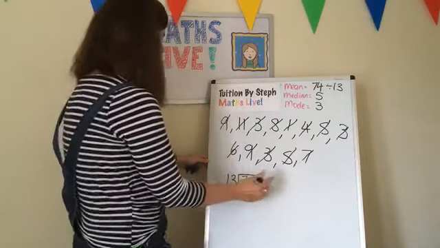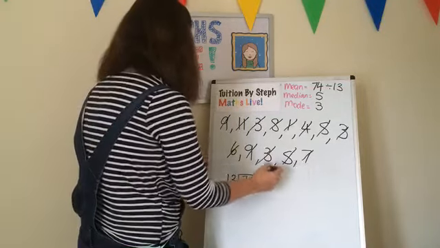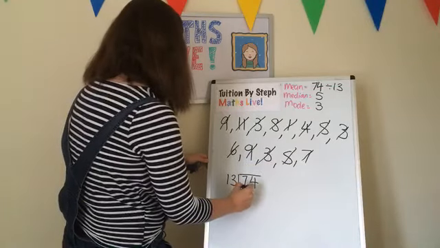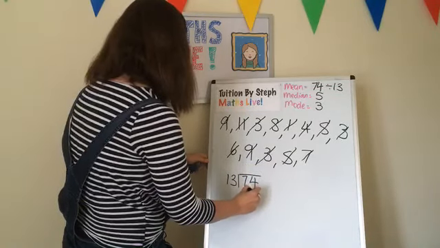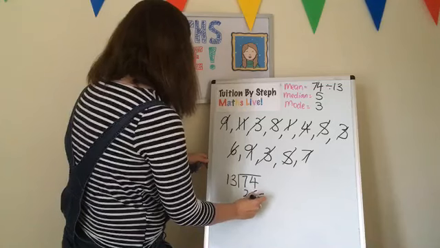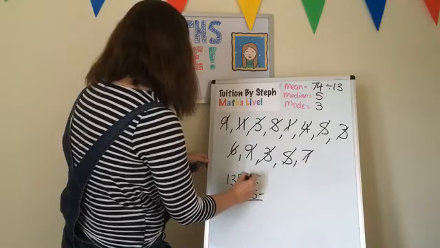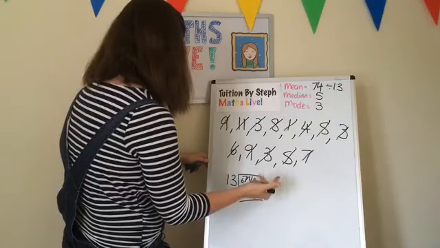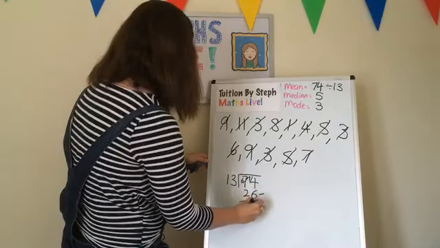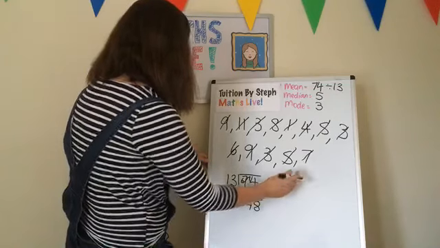I'm going to do my long division here, so I'm going to do how many lots of 13? So I can get 26 in there. So that leaves 48.